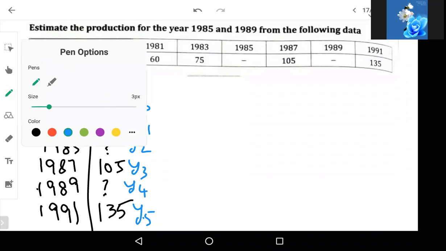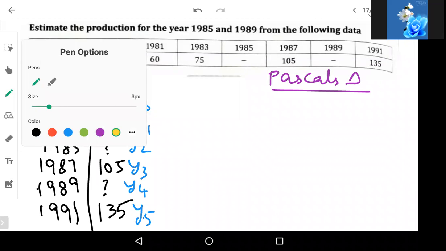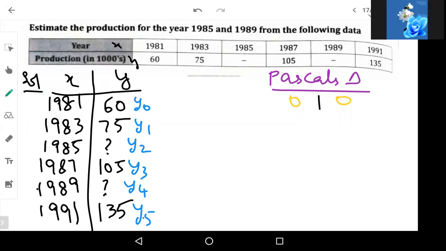Now moving on to the Pascal's triangle. Now here, start with 1 in the center. So 0 plus 1 is 1, again 1. Now again assume 0. So you'll have 1. 1 plus 1 is 2, again 1. Then again assume 0, 1. So 0 plus 1 is 1, 1 plus 2 is 3, 2 plus 1 is 3, again 1.